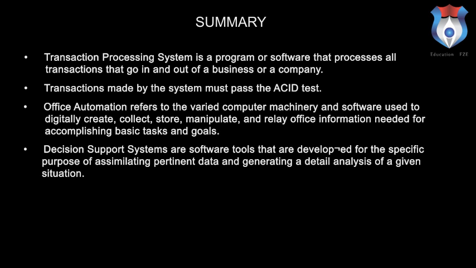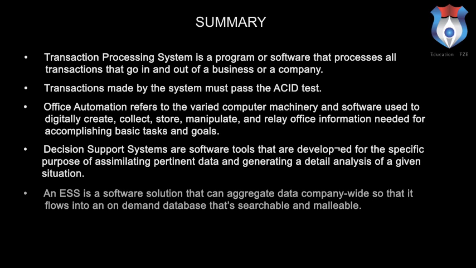Decision support systems are software tools that are developed for the specific purpose of assimilating pertinent data and generating a detailed analysis of a given situation. An ESS is a software solution that can aggregate data company-wide so that it flows into an on-demand database that's searchable and malleable.